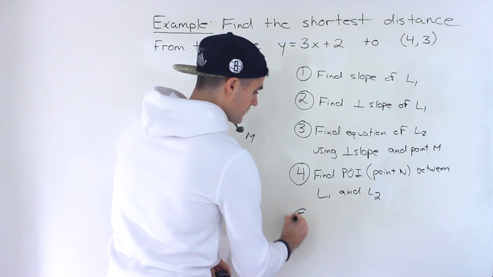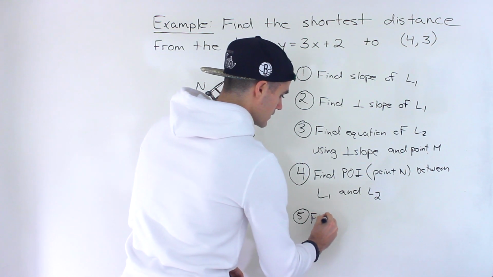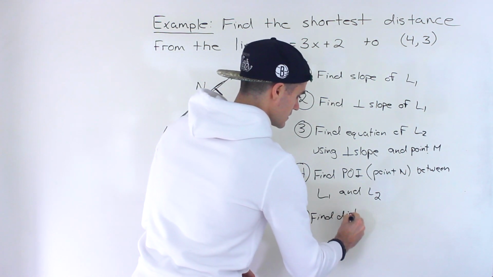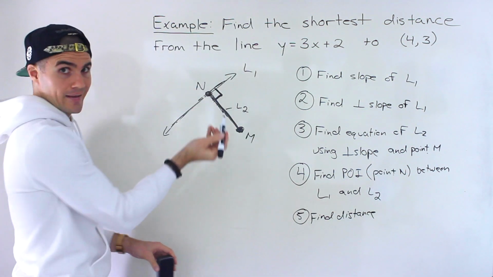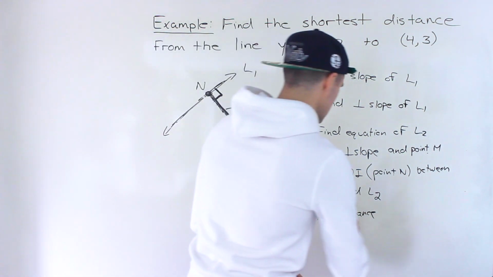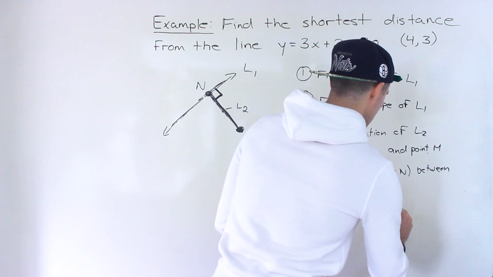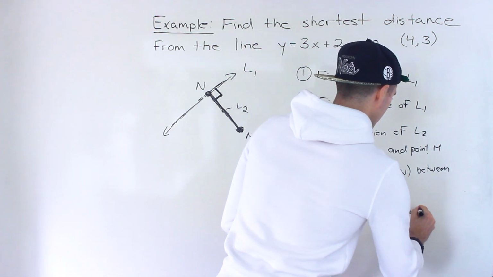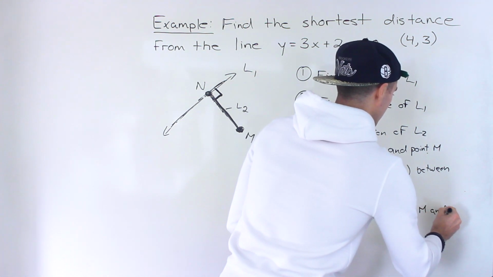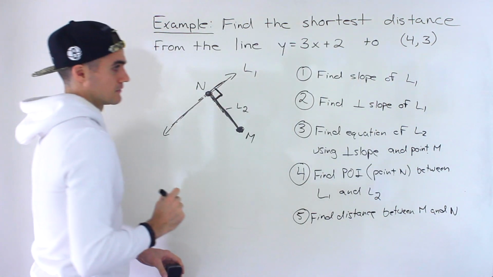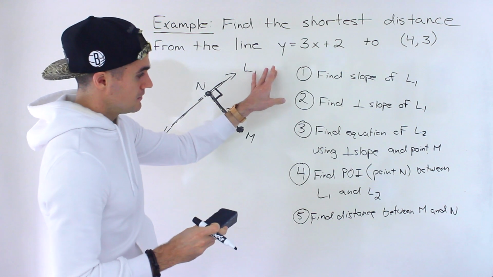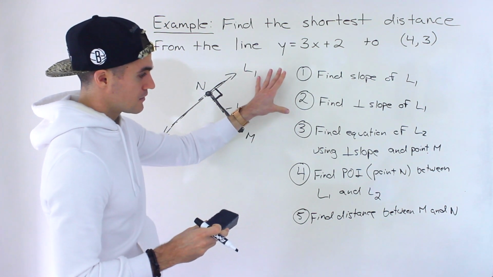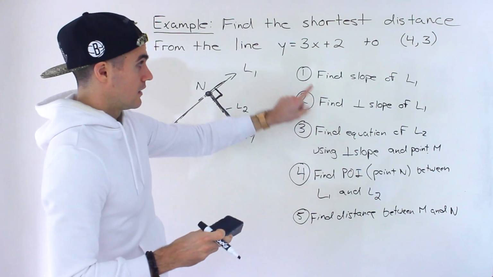And then the fifth step is we find the distance between M and N. And that's going to give us the shortest distance. Okay, so these steps, again, are the steps we're going to follow.